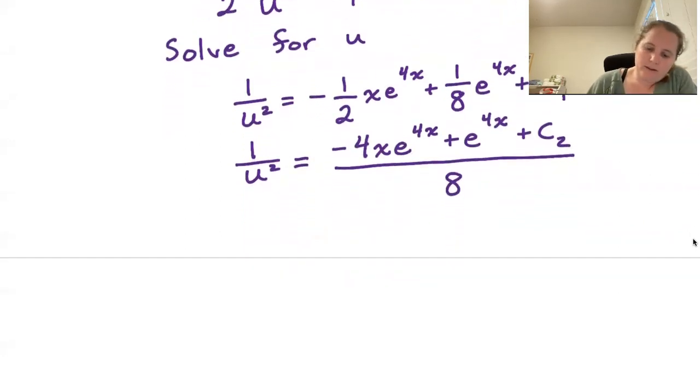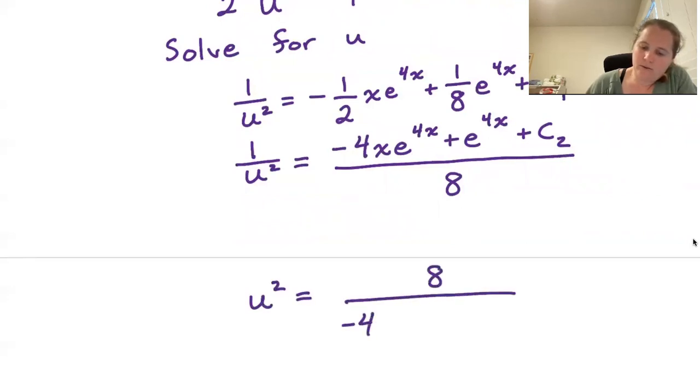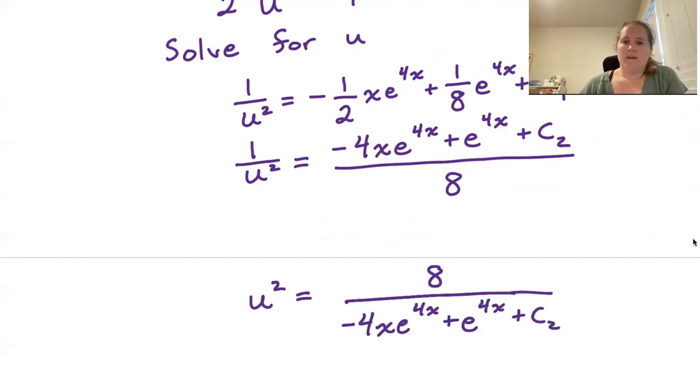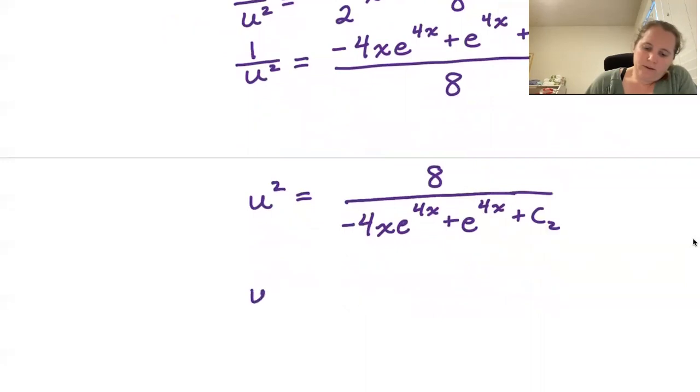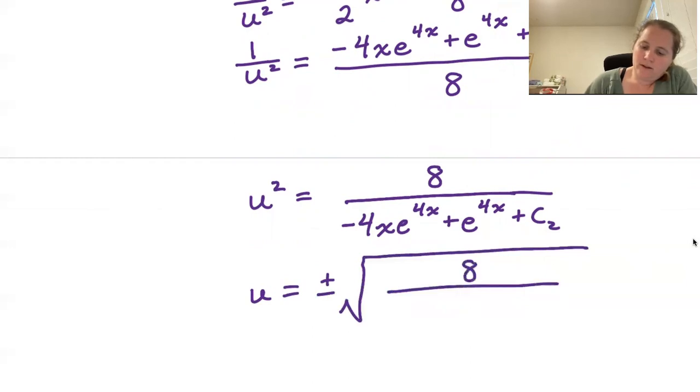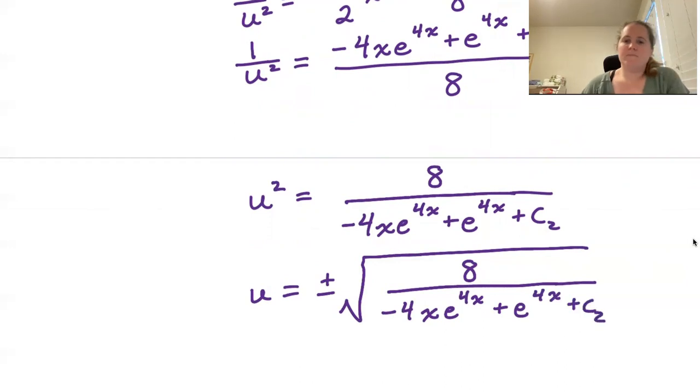And so we have then that u squared is equal to 8 over -4x e to the 4x plus e to the 4x plus c2. And therefore u is equal to either the positive or negative square root of 8 over -4x e to the 4x plus e to the 4x plus c2.